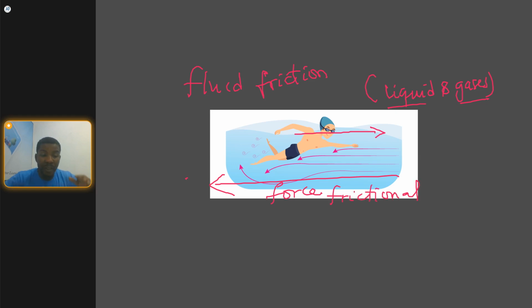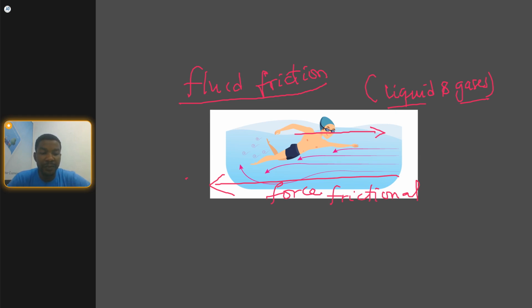So when you are swimming, the reason why you have to strive to keep moving is because there's another force resisting your movement. And that force is what we call the what? The frictional force. And that type of friction is called the fluid friction. I believe that is clear to us. So these are the 4 types of friction that we have.